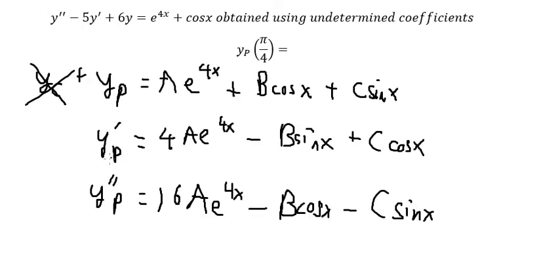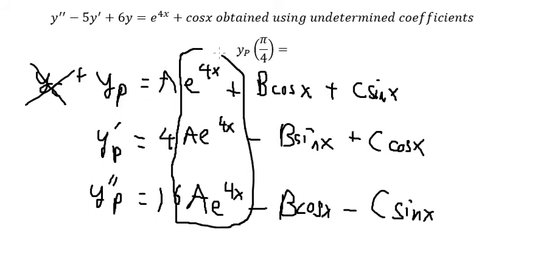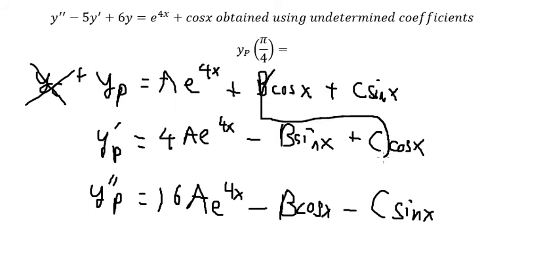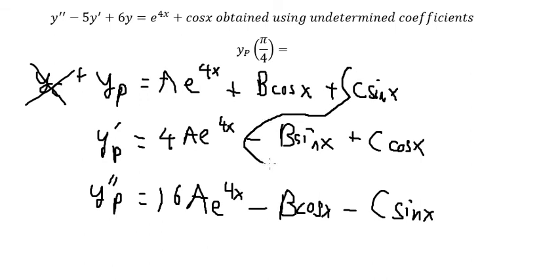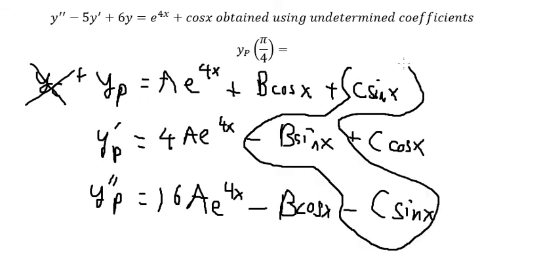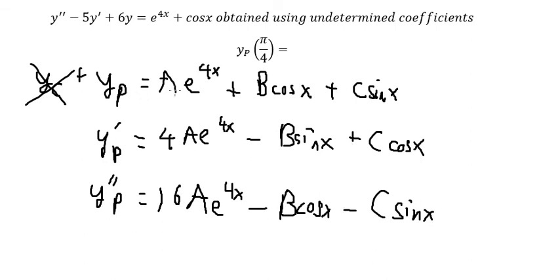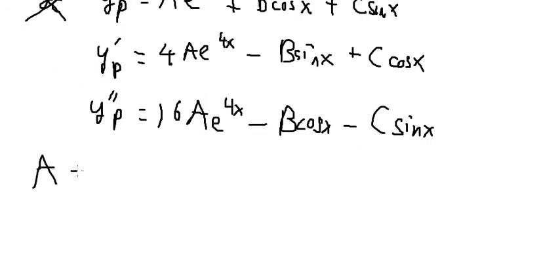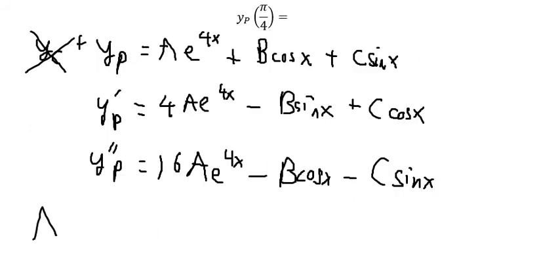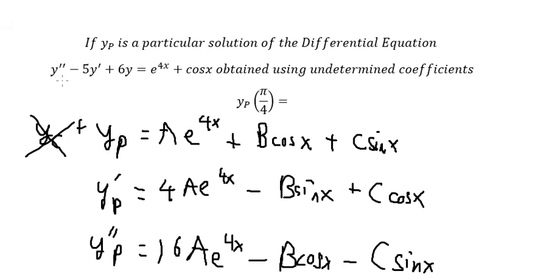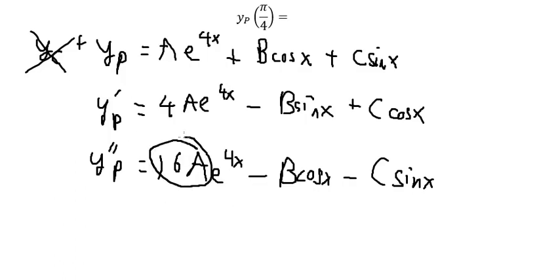Now I will arrange based on the terms in here. So about A, we have second derivative, we have 16A in here.